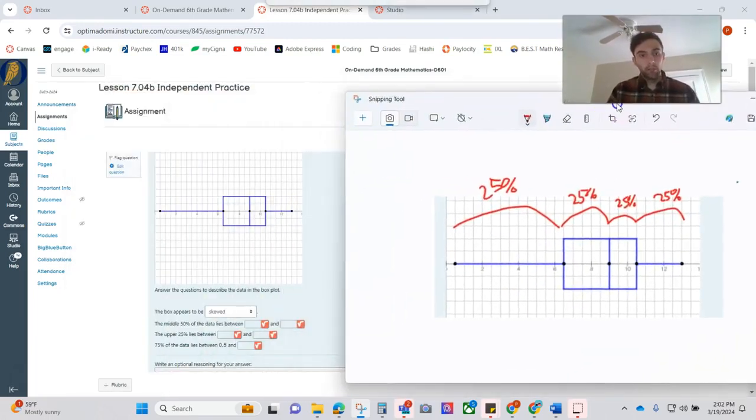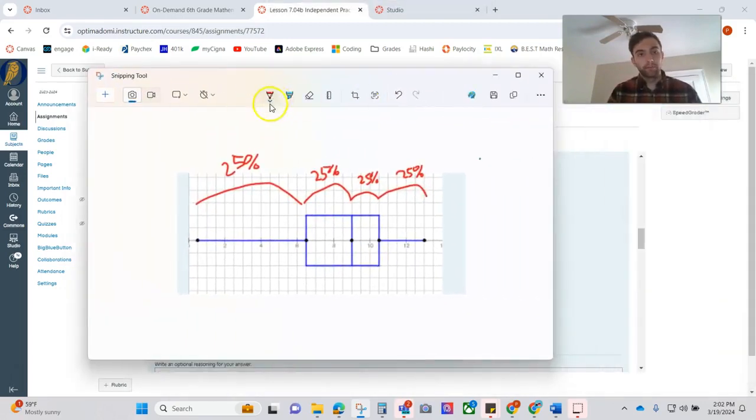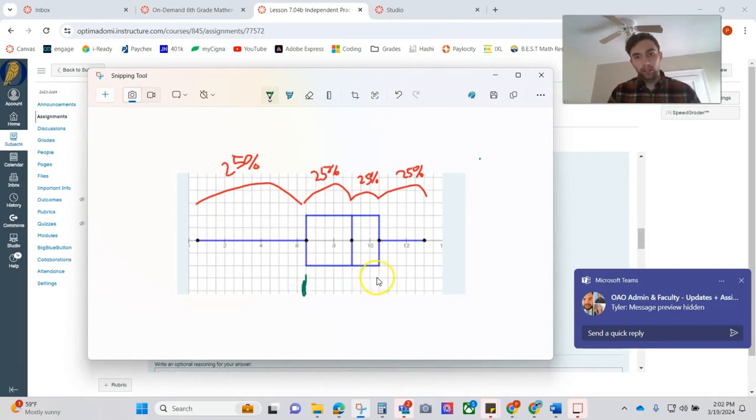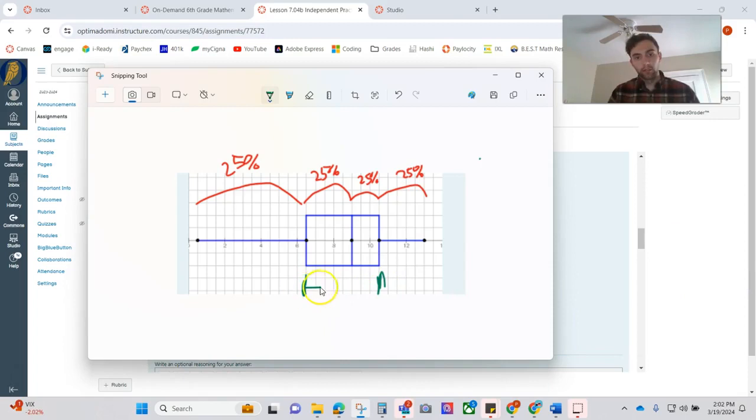So we want the middle 50% of the data. Middle 50%. So I think that's here and here. What 2 numbers does this lie between? 6. So this is 7.